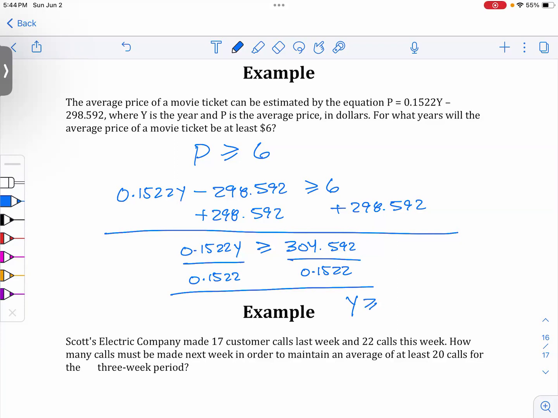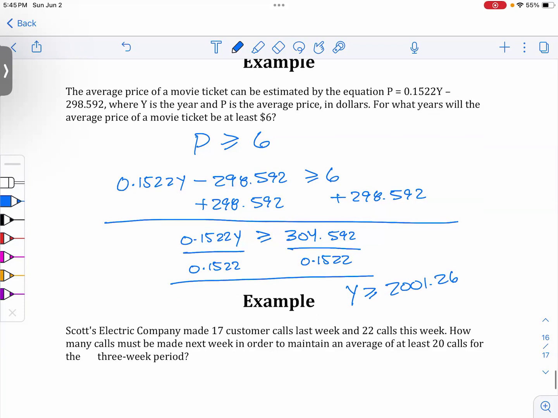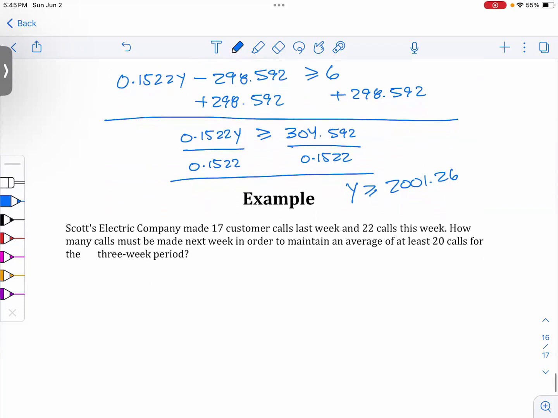So year greater than or equal to 2001.26. So basically a quarter of the way through 2001, movie tickets were over $6. So a very long time ago, right? We should start doing the math on how long till movie tickets are $100 each.